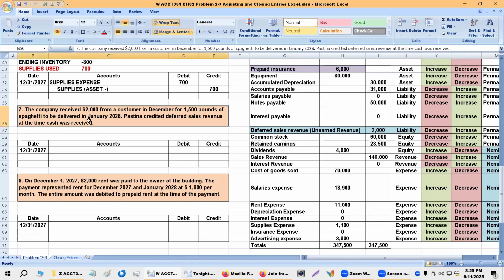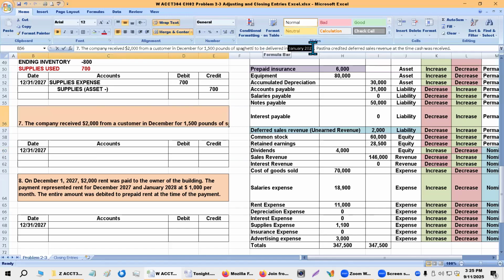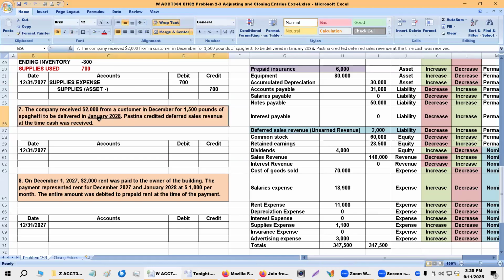Okay, now this is going to be given to them in January. This is a little bit of a tricky one. Have we earned any of this? It says we're going to give it to them in January. So we know we owe the 2,000, and we're going to give them the spaghetti in January.